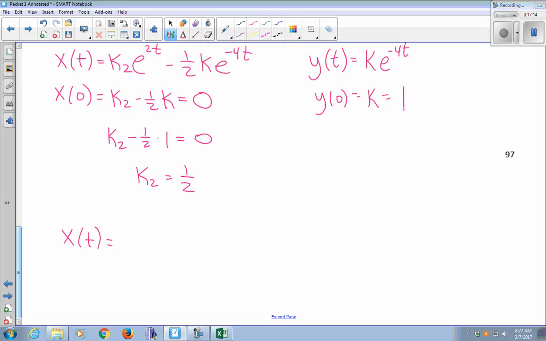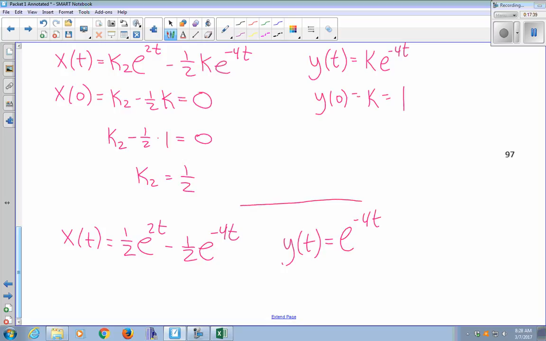X of t is k2, 1/2 e to the 2t, minus 1/2 times k, so that's 1/2 times 1, e to the negative 4t. So there's my function x of t. And y of t is k e to the negative 4t, and k is 1, so it's e to the negative 4t. So I have a solution for both x and y.